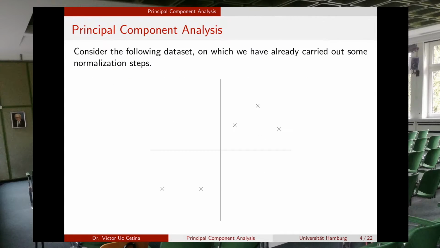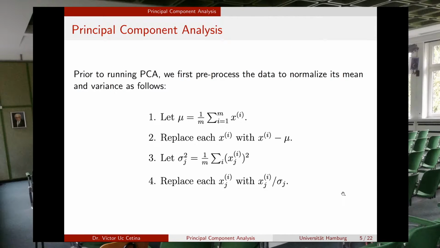So in this case, for example, we have vectors in dimension 2. So the mean vector will be composed of two values, the average in the x-axis and the average in the y-axis. Okay, so we need to preprocess the dataset.